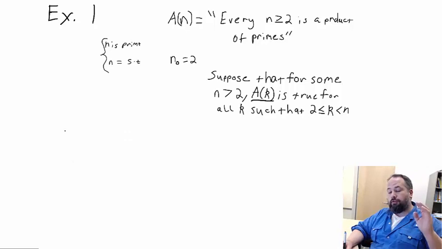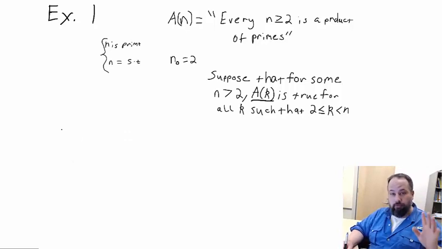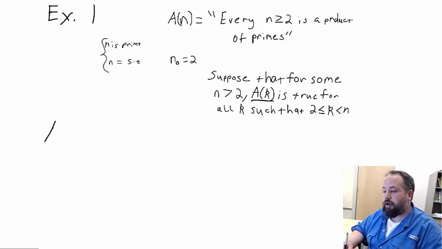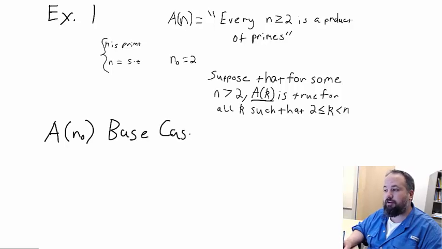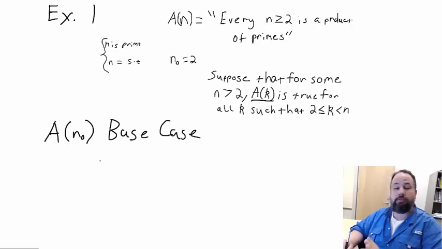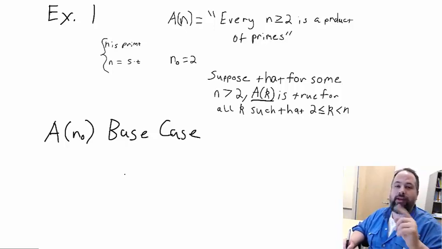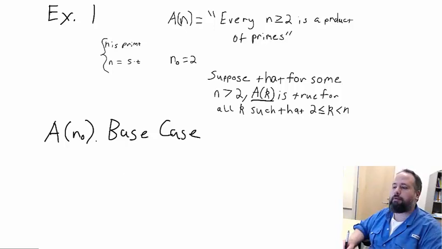Okay, so the terminology that we need to have in our minds when we're talking about induction. Our assertion for n0 is our base case. That is our simplest case. This is the simplest possible scenario where we can prove it's true in this one case, usually just by plugging in the numbers.